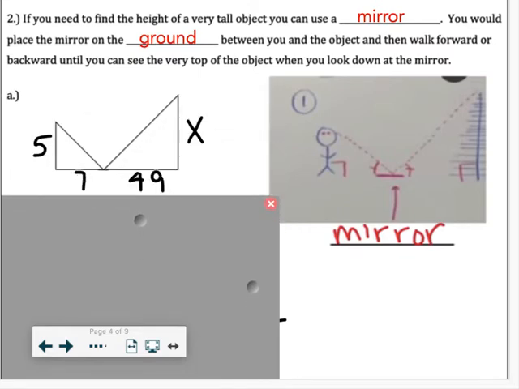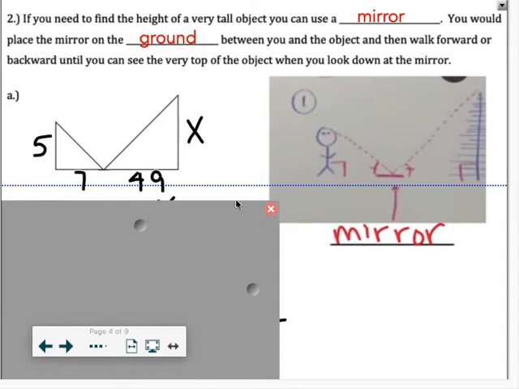Okay, so here's an example of that. So I, again, could be 5 foot tall. My distance from myself to this mirror would be 7 feet away. The mirror's 49 feet away from the base of the tree, and I do not know how tall this tree is. Okay?